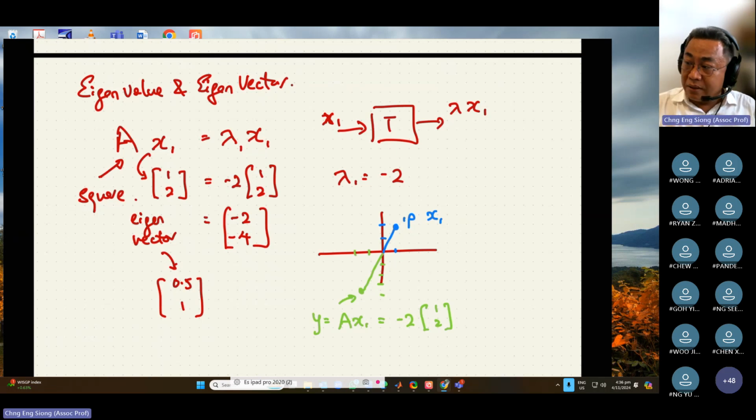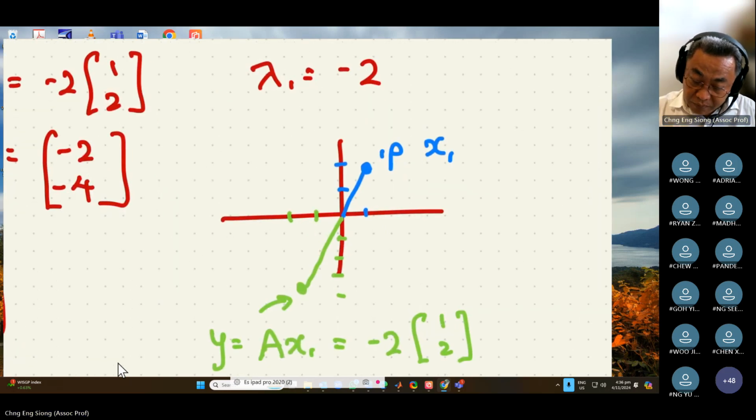Can someone tell me, please? If x1 is an eigenvector, is 0.5 and 1? So now let's draw 0.5 and 1. 0.5 and 1 is here. This is 0.5 and 1.